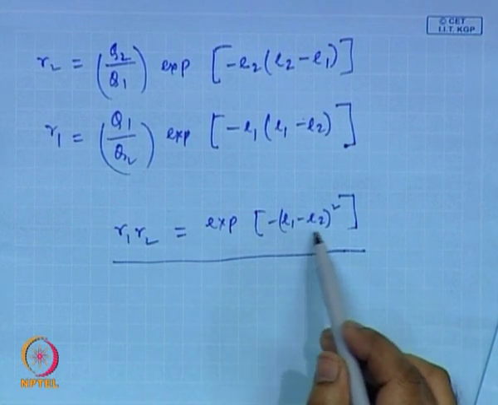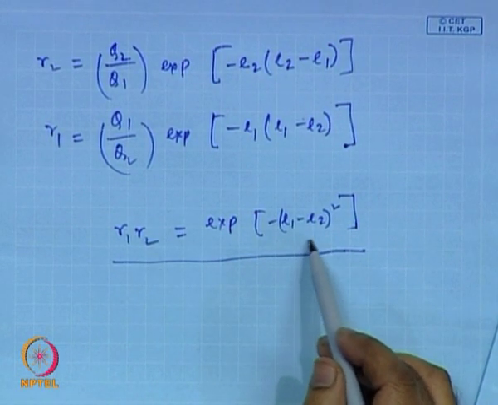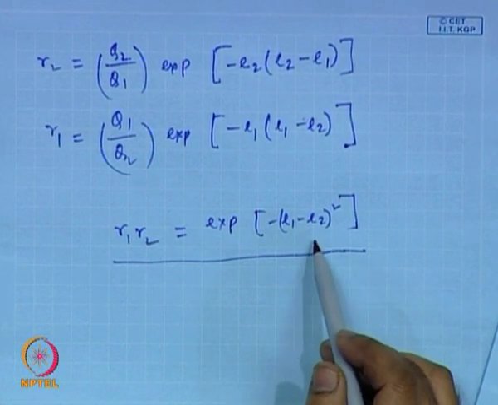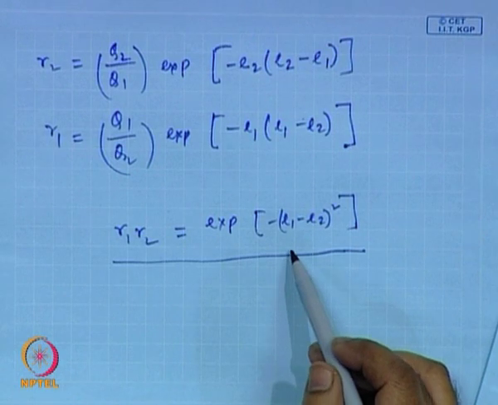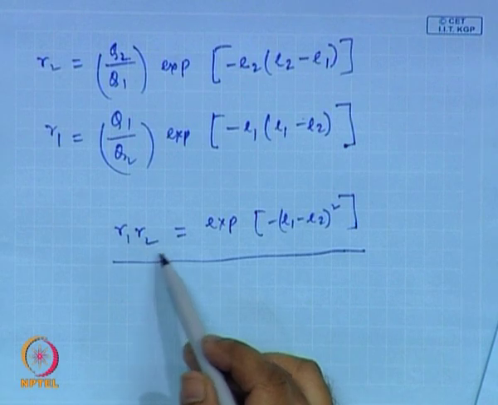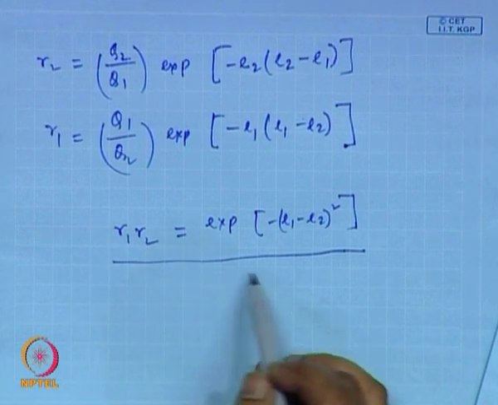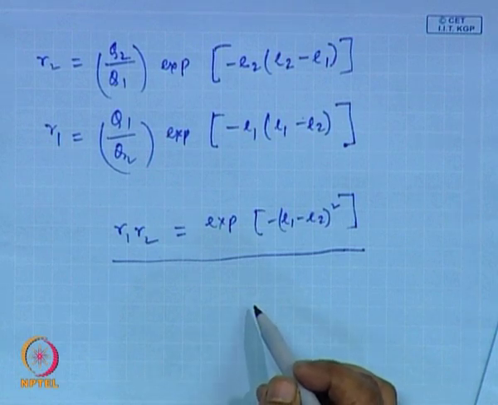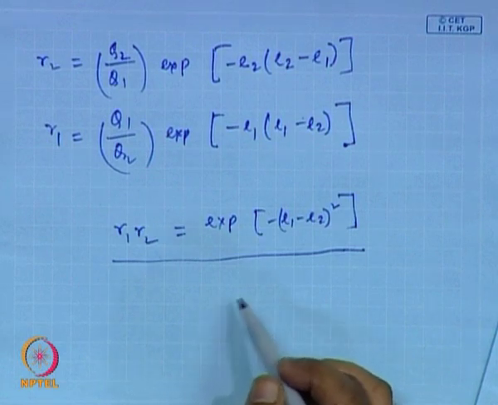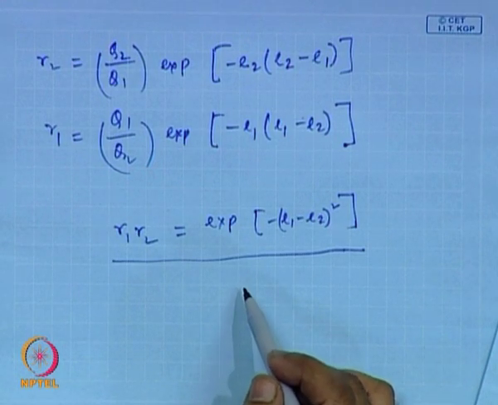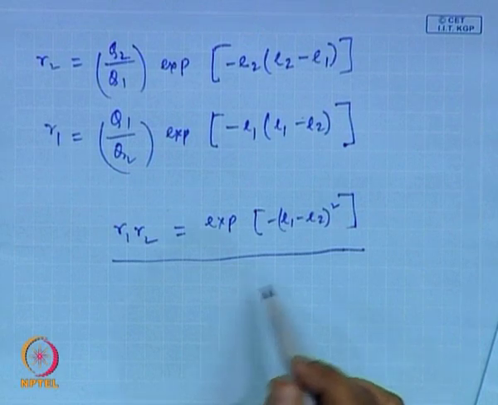Now, if the double bonds of the two monomers have different electrostatic charge, R1R2 will be close to 0, that means they will produce a copolymer which is closer to an alternating copolymer rather than a random copolymer.